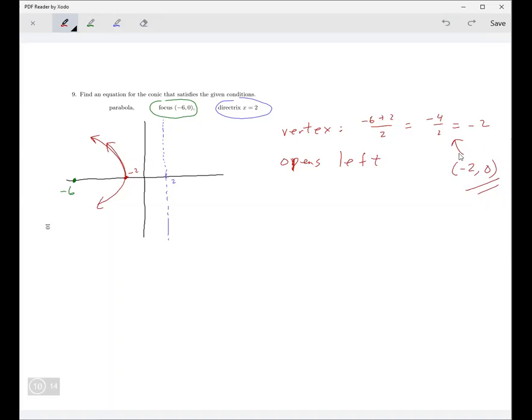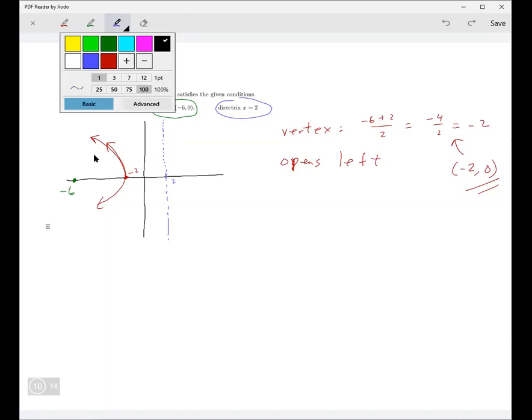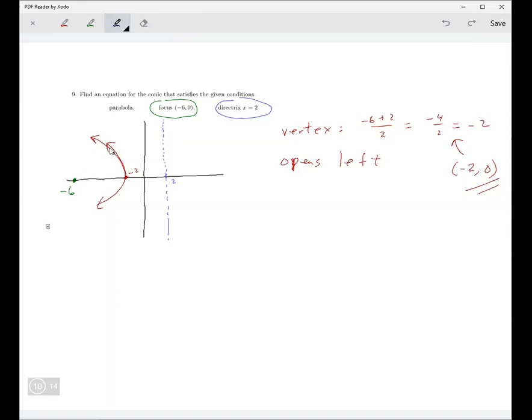Why do we know it opens to the left? Because the directrix is right here. The parabola consists of all points that are equidistant from the focus and the directrix.